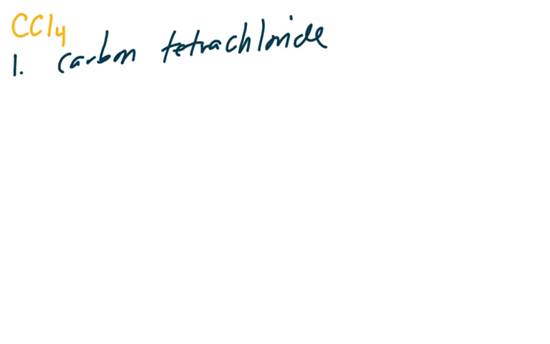Our first task is to name the covalent compound. So here we remember we use Greek prefixes, and so this would be what? Carbon tetrachloride. Next is to draw the Lewis structure.